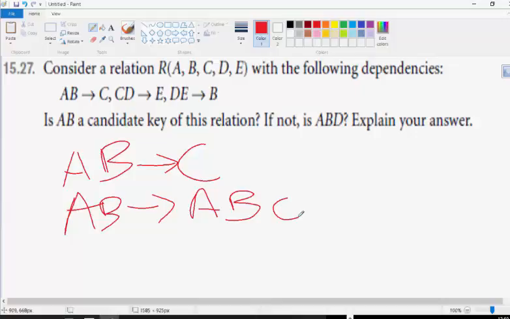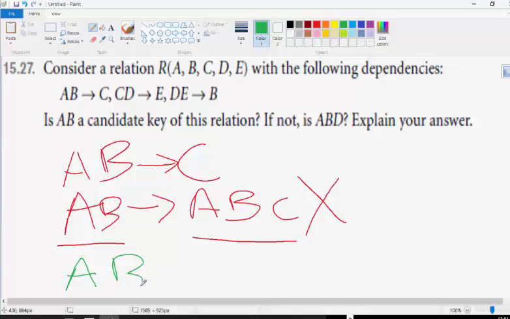From ABC, can I get to D? No. From the rules above, I can't. I can't get to D, I can't get to E, I am stuck. So that means starting from just AB, I can only get to A, B, and C. I can't get anywhere else. So is this a candidate key? This can't work.